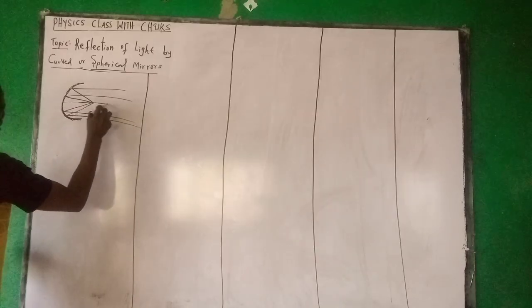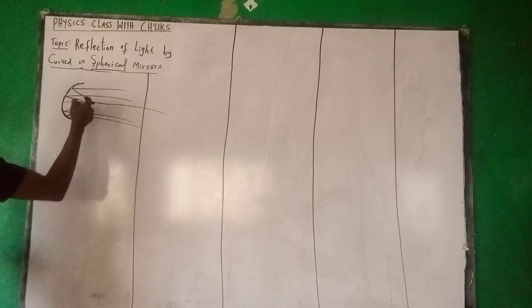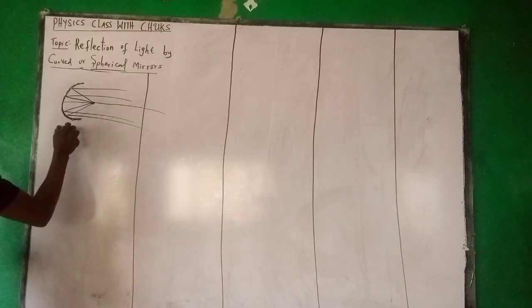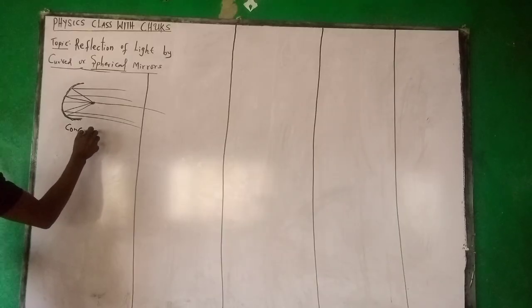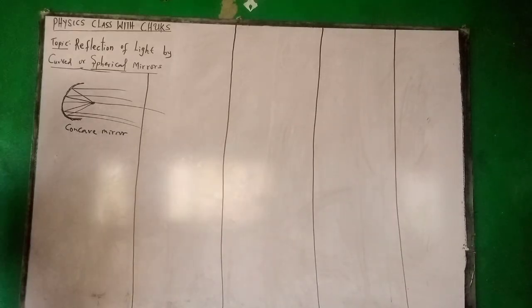This is a straight line passing through. Now we call this type of curved mirror a concave mirror. You see now?